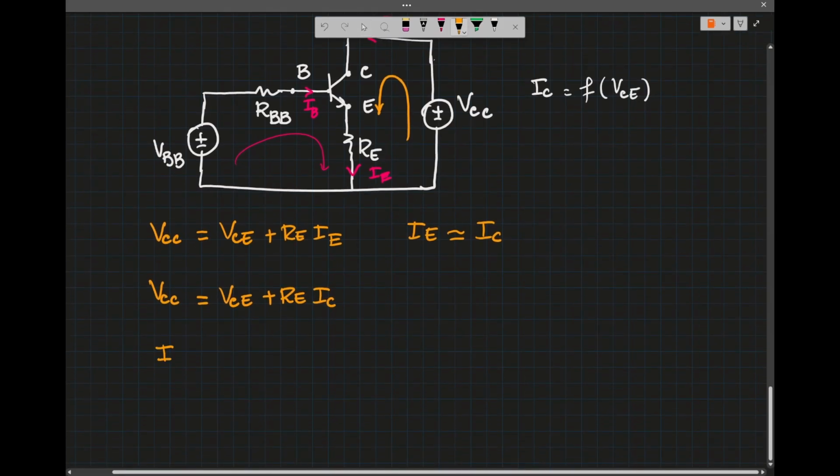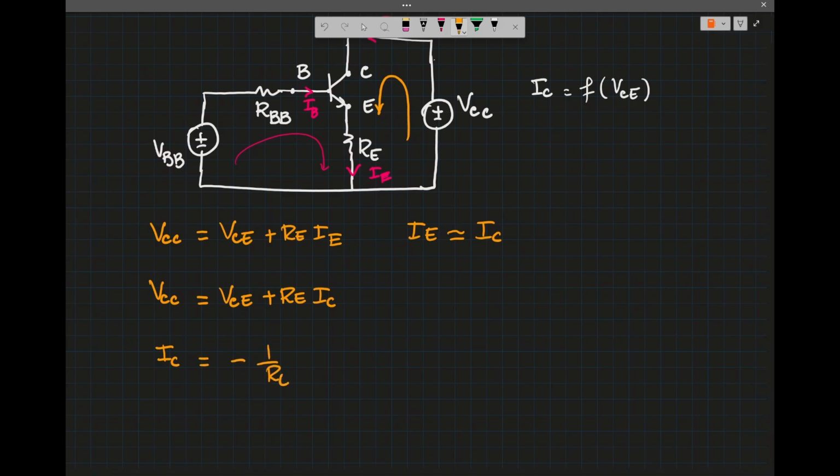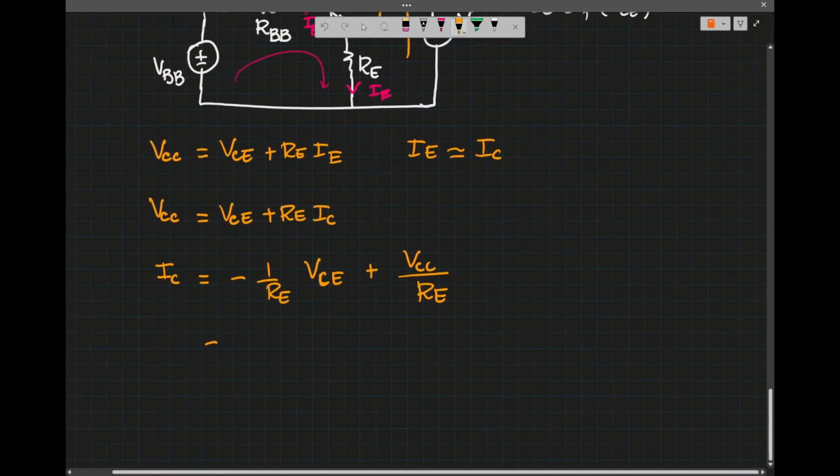So when I solve for IC, it's minus 1 over RE VCE plus VCC over RE. So this equation is like mx plus b.